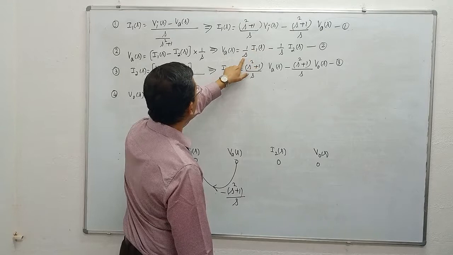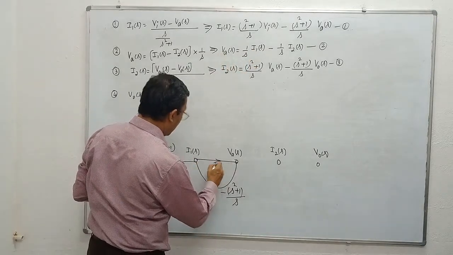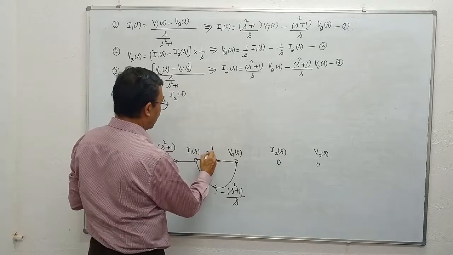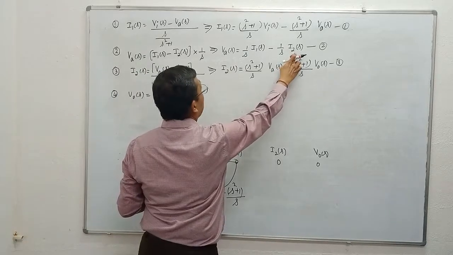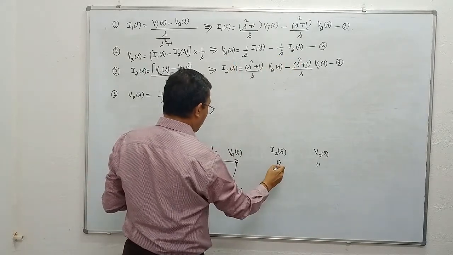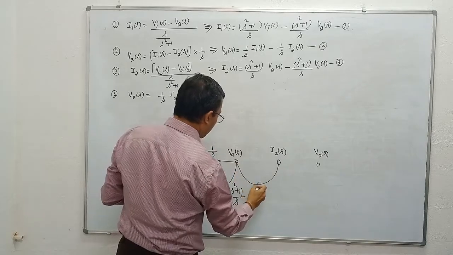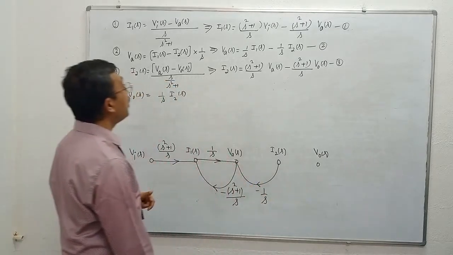I1 of S multiplied by 1 by S should enter VA of S. I2 of S multiplied by minus 1 by S should enter VA of S.